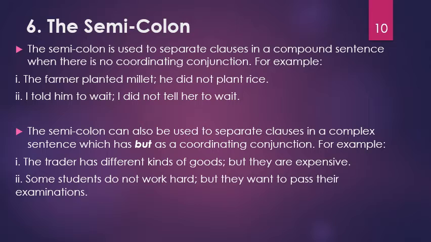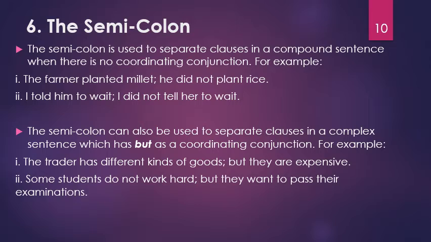The semicolon. The semicolon is used to separate clauses in a compound sentence when there is no coordinating conjunction. For example, the farmer planted millet; he did not plant rice.